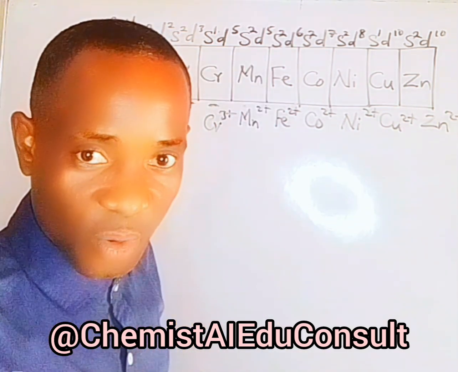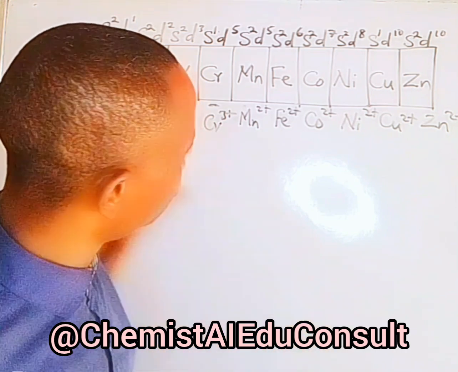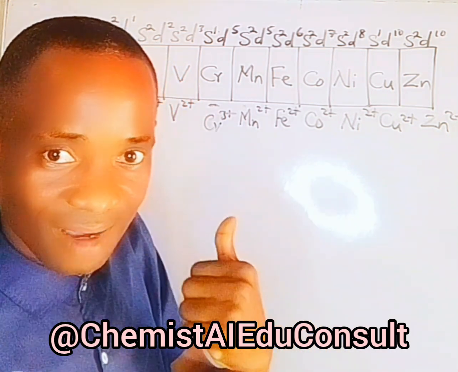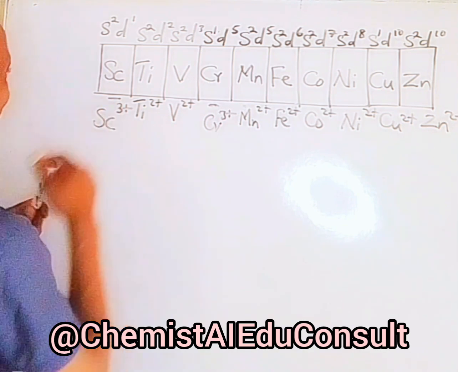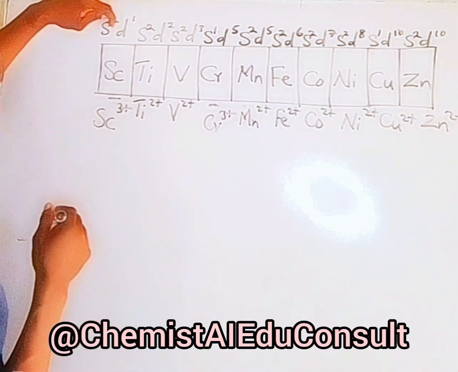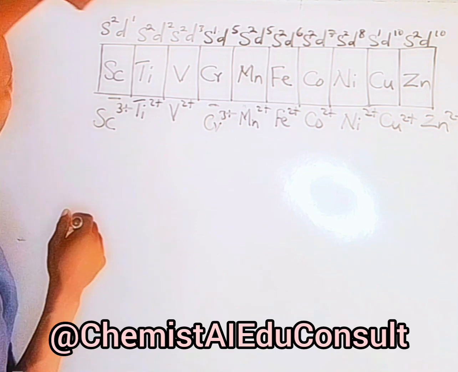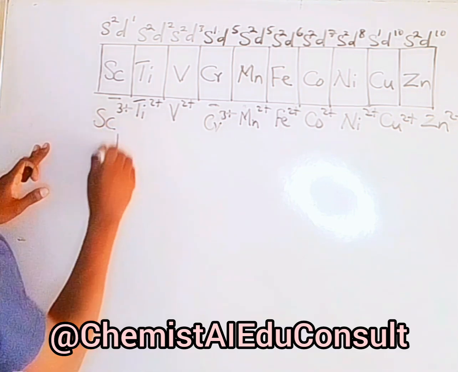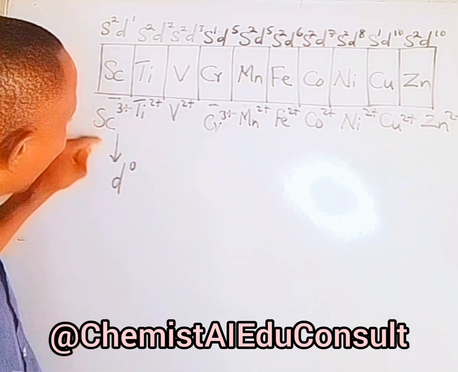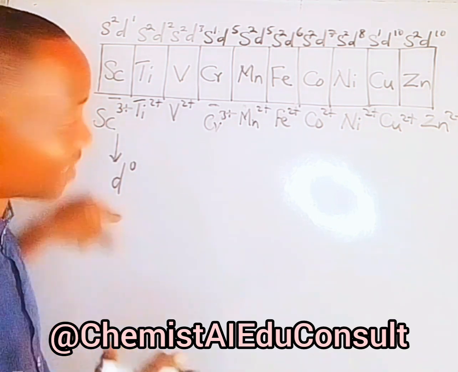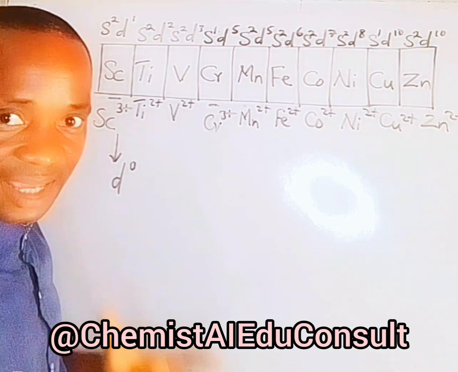You should always know that the first 2 electrons are lost from the s orbital. Scandium 3+ means that 2 electrons were lost from s orbital and 1 was lost from d orbital, which means the d orbital is empty. So scandium 3+ ion having empty d orbital is a testament that scandium is not a transitional element.